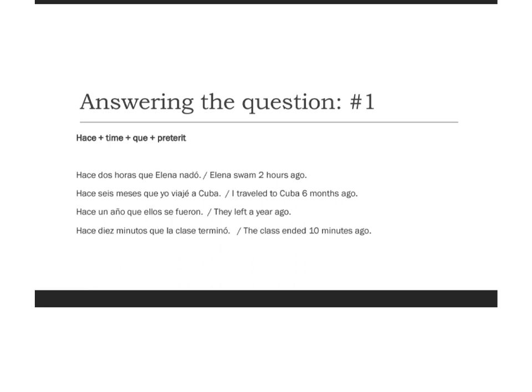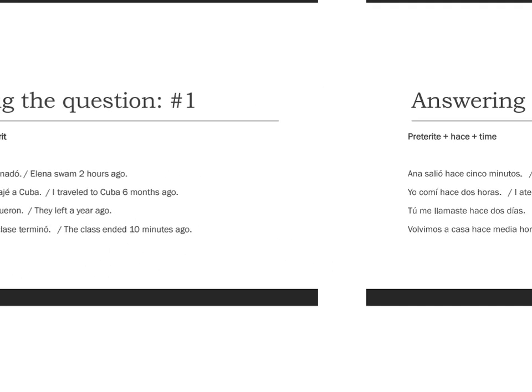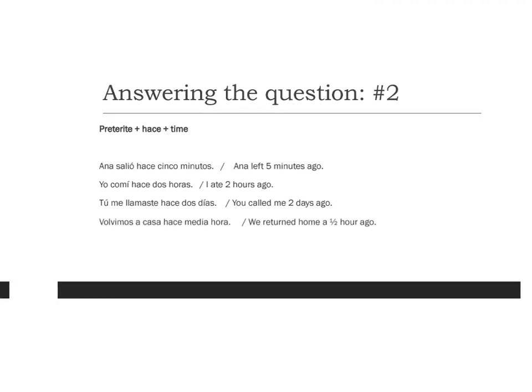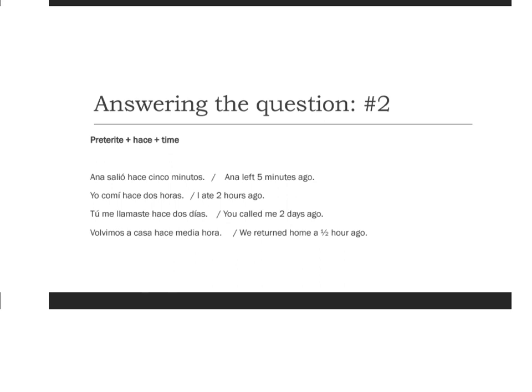So you can go ahead and finish these, and then you can also look at this last slide here. You can answer the question without using que if you put the verb first. So the preterite, then plus hace, plus time. So Ana salió hace 5 minutos.